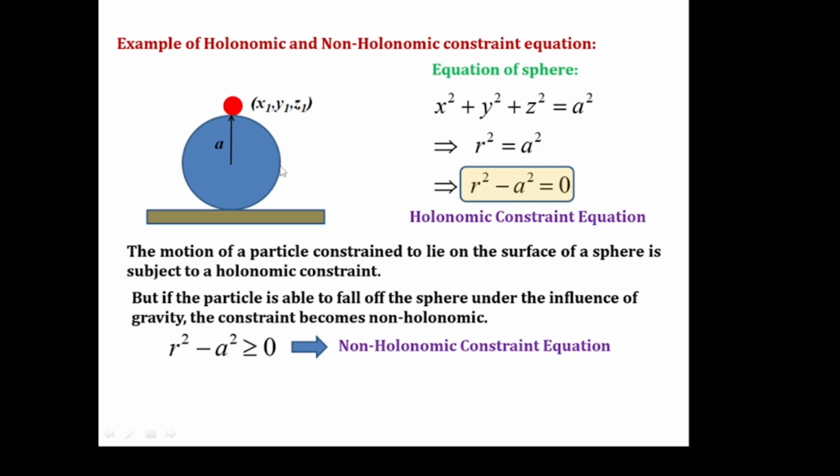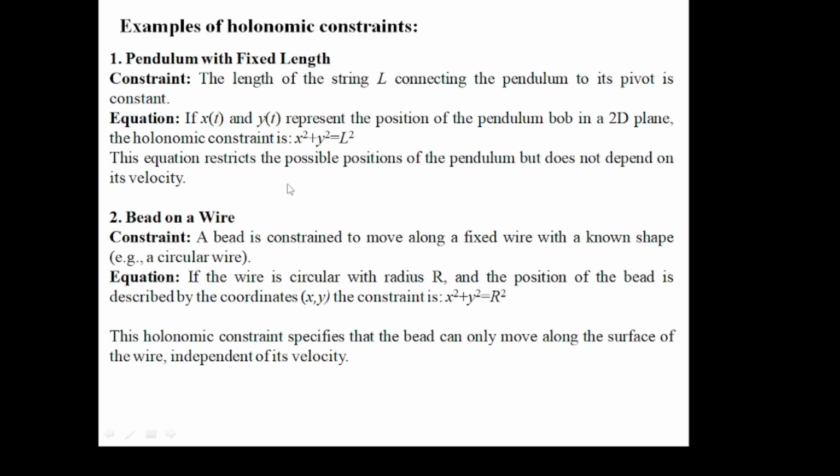But after this position, the particle is able to fall off the sphere under the influence of gravity, or due to the gravitational force. Then the constraint becomes non-holonomic. That means in this region r square minus a square is greater than or equal to 0. This is the example of non-holonomic constraints.